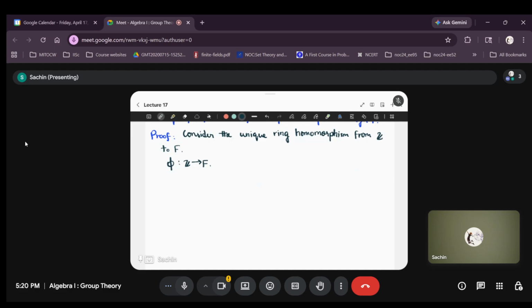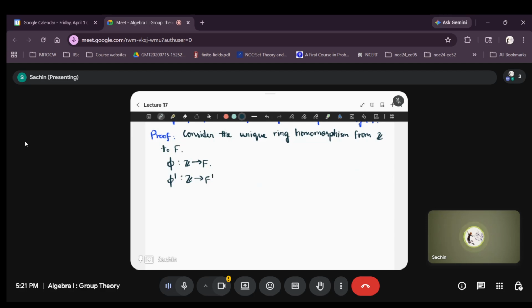Yes. And we studied in one of the classes that Z is a unique type of ring such that there is only one homomorphism from Z to some ring. Of course, if you consider a different ring, there will be some other homomorphism from Z to F prime.